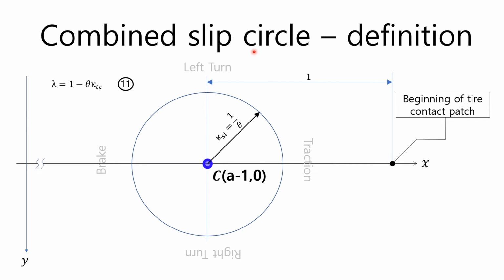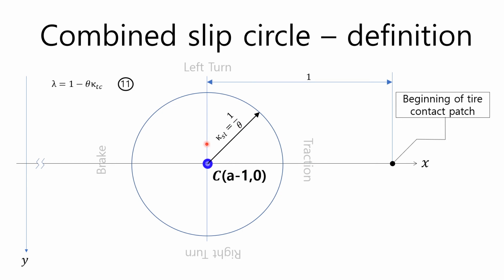It is necessary to understand the combined slip circle in order to understand the graph represented on the coordinate of longitudinal force and the lateral force. The first step of drawing the combined slip circle is to mark the beginning point of tire contact patch on the tire x-axis and draw a circle with the same radius as kappa sliding centered on a point that is separated by a unit length of 1 in the rearward direction from the beginning of the tire contact patch.